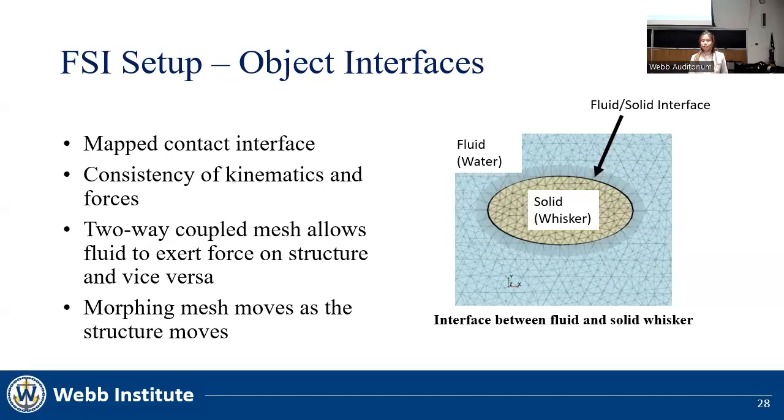The mesh allows fluid to exert force on the structure, and the structure, in turn, can exert force on the fluid. Lastly, the mesh in an FSI simulation is set to the morphing condition, which allows the mesh to move and reform itself as the structure moves. For both the FSI and the standard cases, additional inputs to the program were then defined.